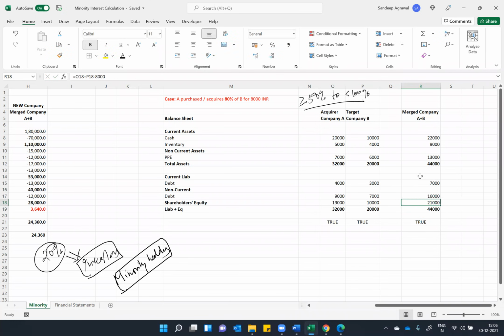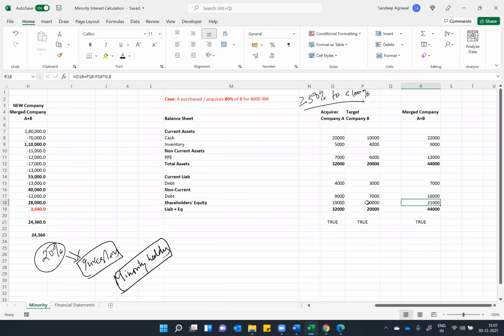And as you can see, since you have acquired 80% of B, 80% of this 10,000 will not be there. Let me just put a formula here, minus 10,000 into 80%. So this will look like this.